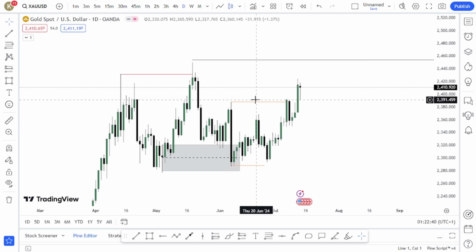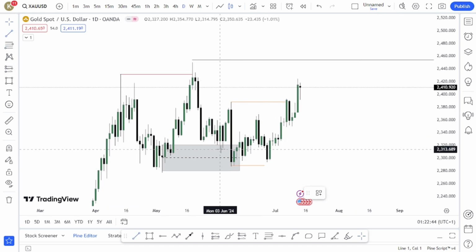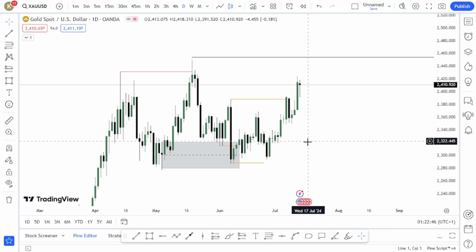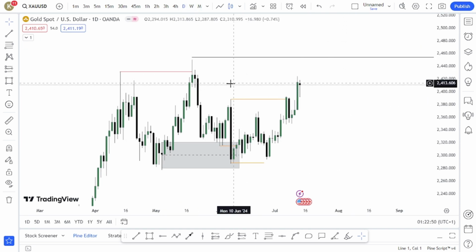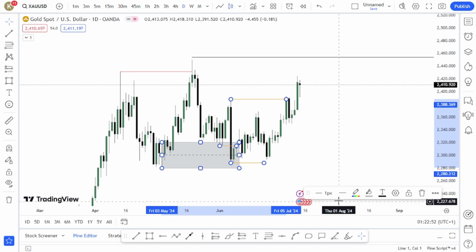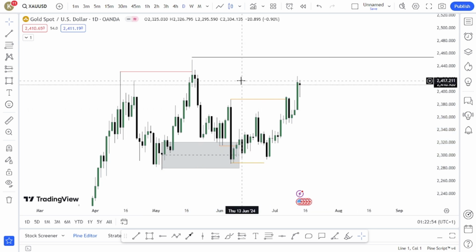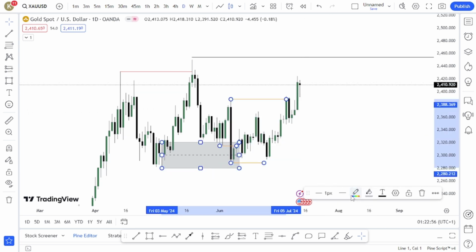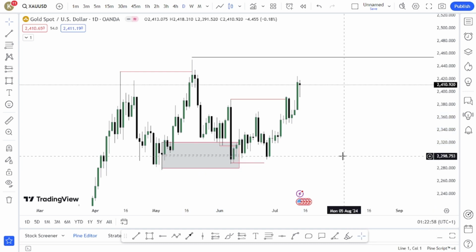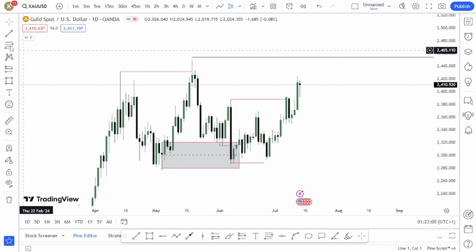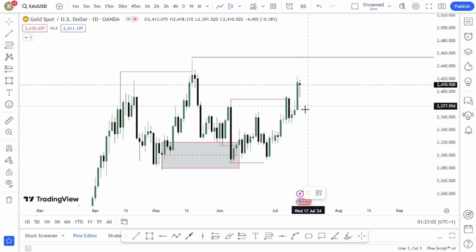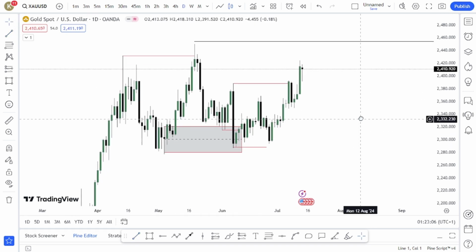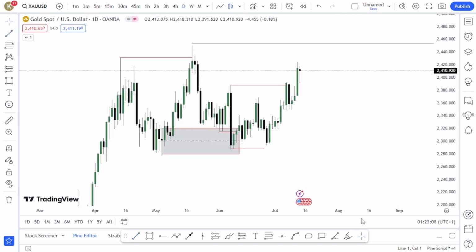We have price breaking through this. Can you see this? This is our daily time frame, so we'll make it red. As you can see, it makes so much sense.